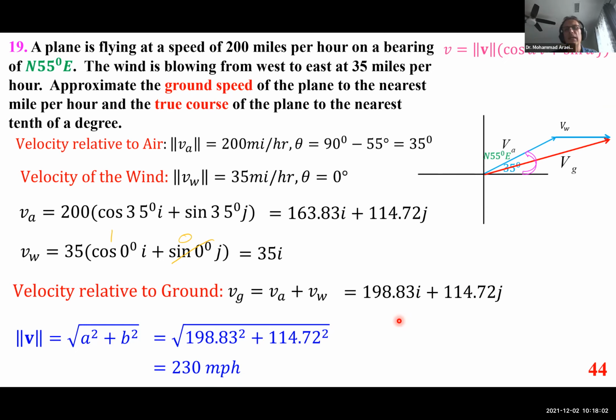But what about this angle? Tan theta is y over x, which means 114.72 divided by 198.83. This is tan of theta. And it becomes almost 30 degrees. So this angle, we found it to be 30 degrees, everybody, 30 degrees.